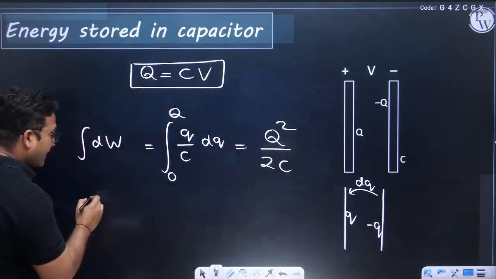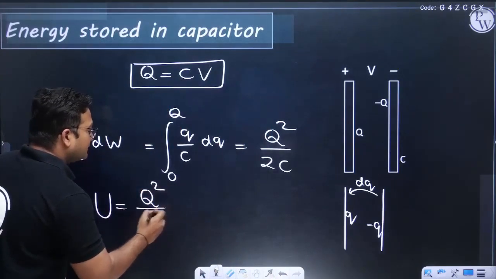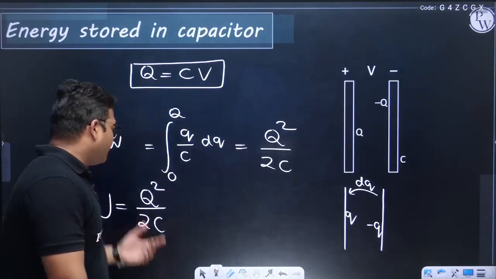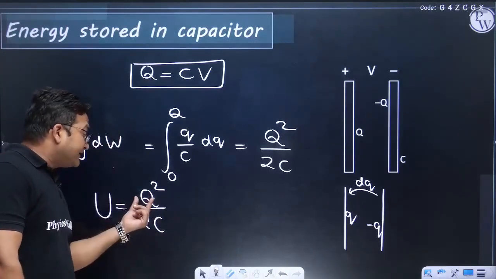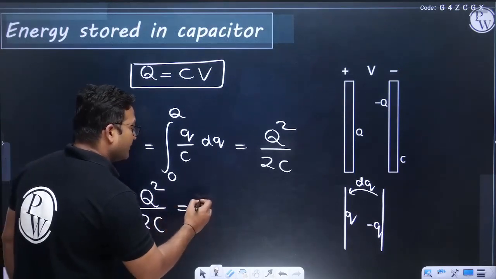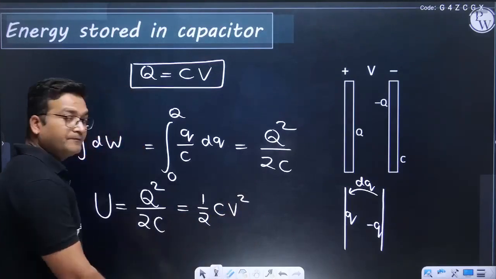So electrostatic energy inside a capacitor is given by Q square by 2C. Okay, this is the first formula actually. If you replace Q by C times V, one C will get cancelled. Another formula becomes half C V square, right?